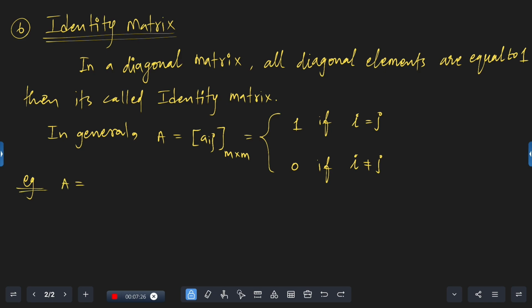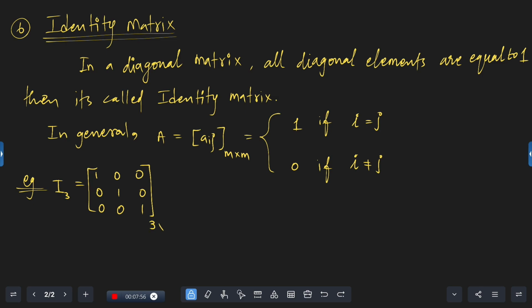Examples: not A, we can mention I3, identity matrix 3. I3 means the order is 3 by 3. So 1, 0, 0, 0, 1, 0, 0, 0, 1. That is the meaning of I3, a 3 by 3 matrix.